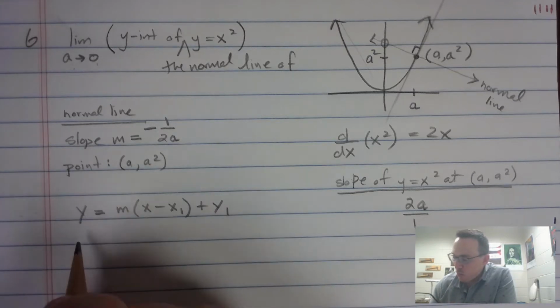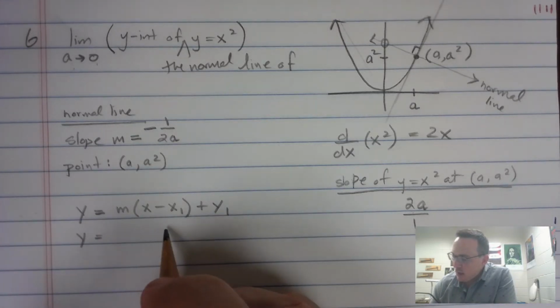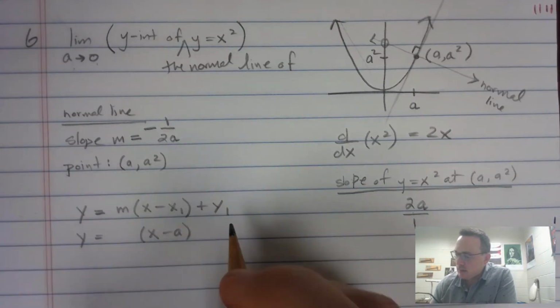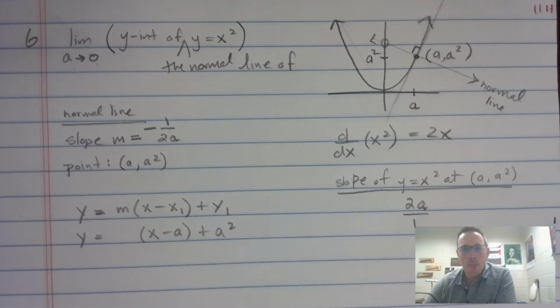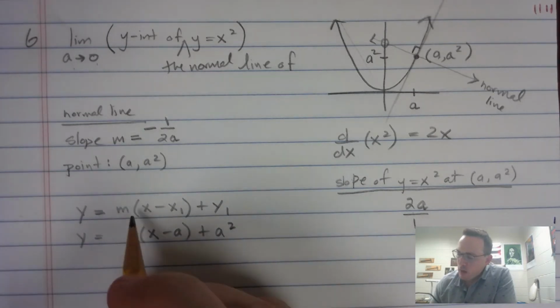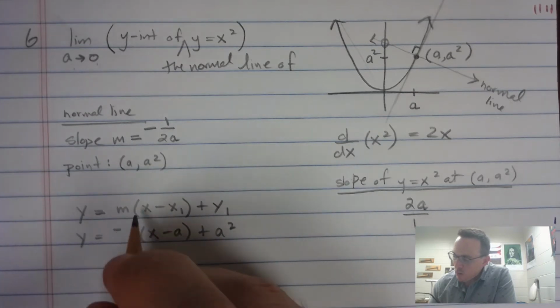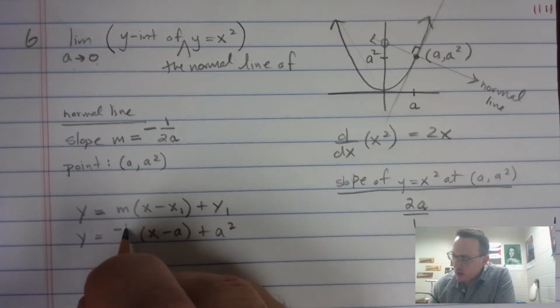In this case, the point we have is a for x and a squared for y. So that's our a comma a squared for our point x1, y1. Our slope m is our normal slope, our perpendicular slope of negative 1 over 2a.